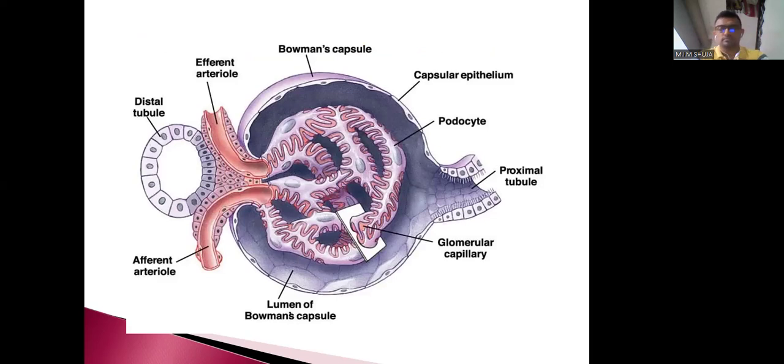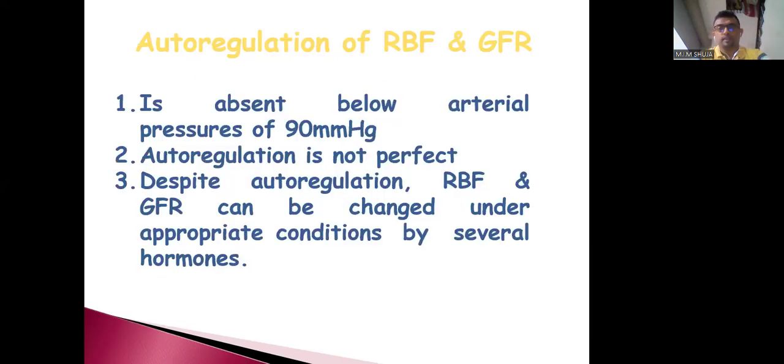Don't be afraid or get confused by this. This is just a diagram. We will be dealing with it in detail in renal physiology. So, autoregulation is absent below arterial pressure of 90 millimeter mercury. Autoregulation is not perfect.